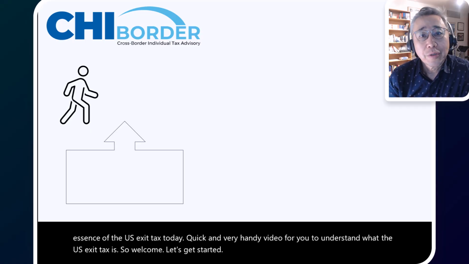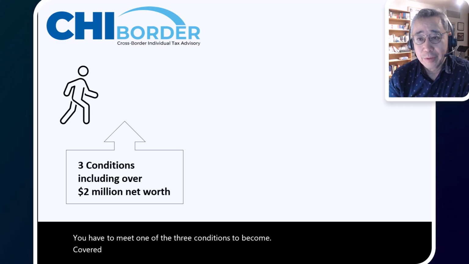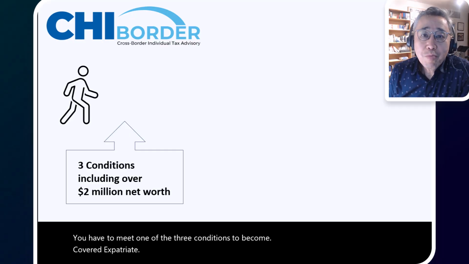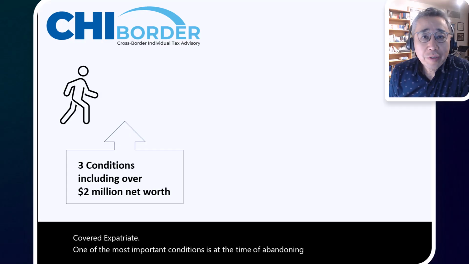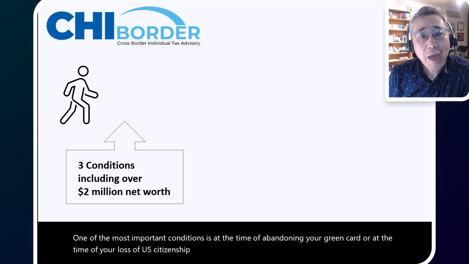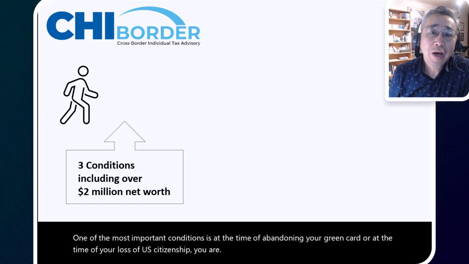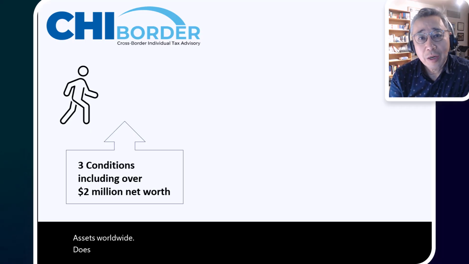First, you have to meet one of the three conditions to become a covered expatriate. One of the most important conditions is that at the time of abandoning your green card or losing your US citizenship, your net assets worldwide exceed $2 million.